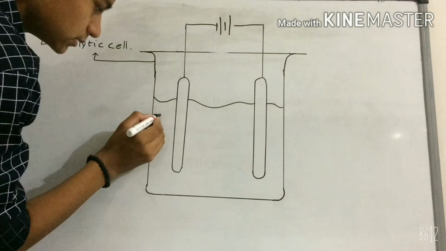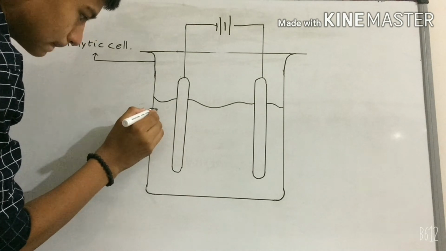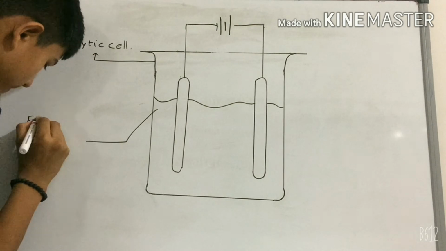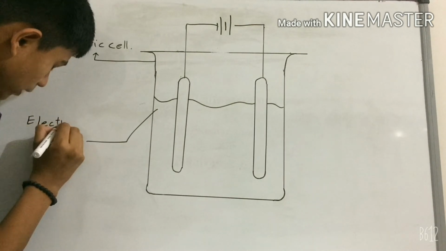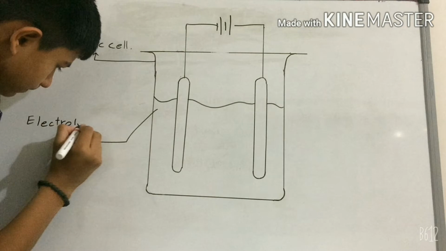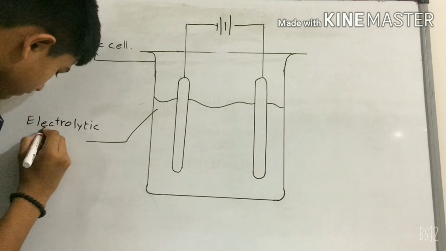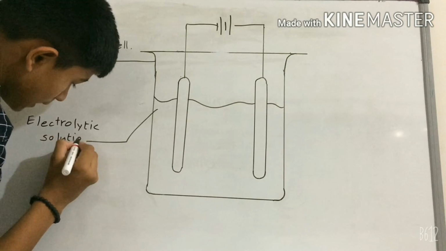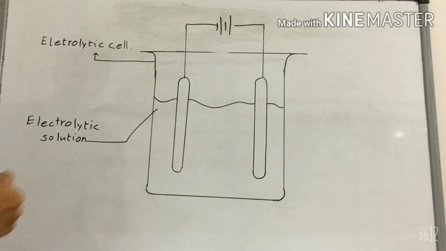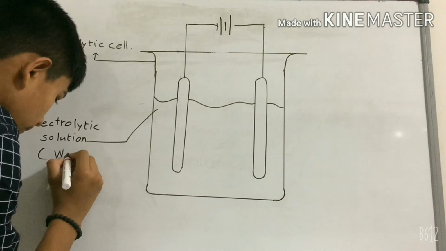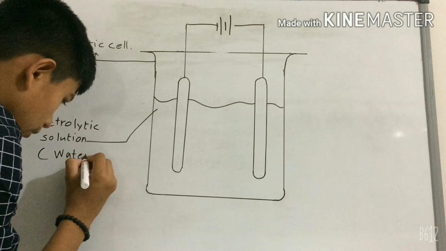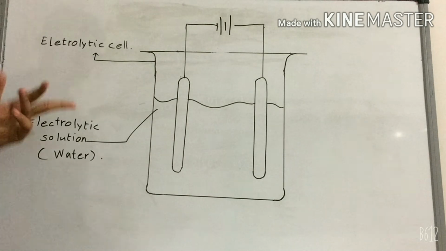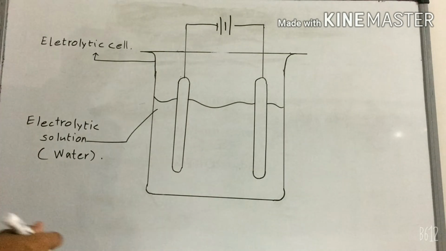Okay, and this becomes our electrolytic solution, and our electrolytic solution will be our water. For example, I will give you the water. Water is an electrolytic solution or electrolyte.